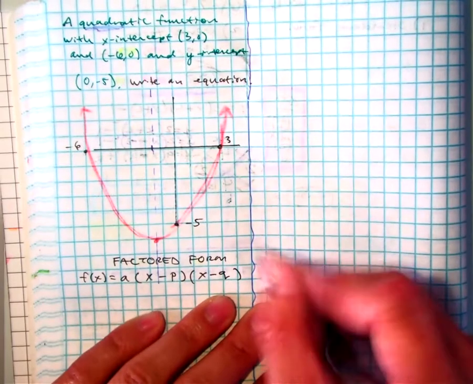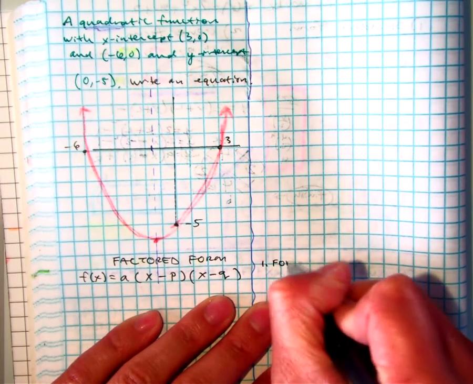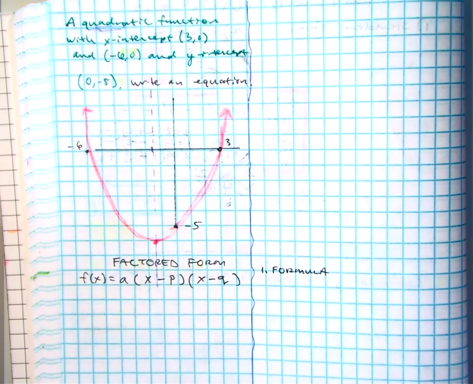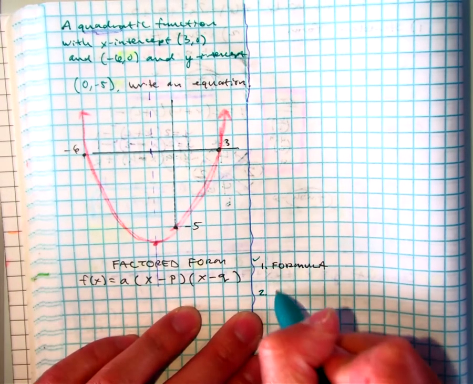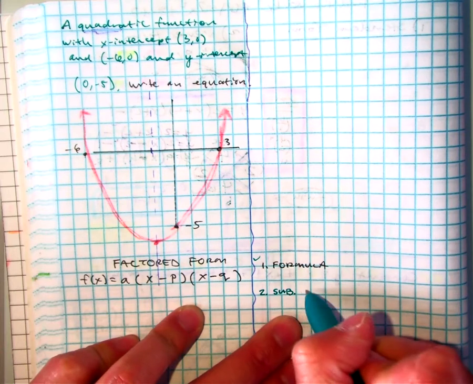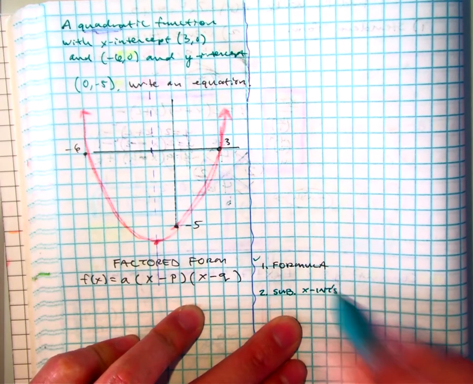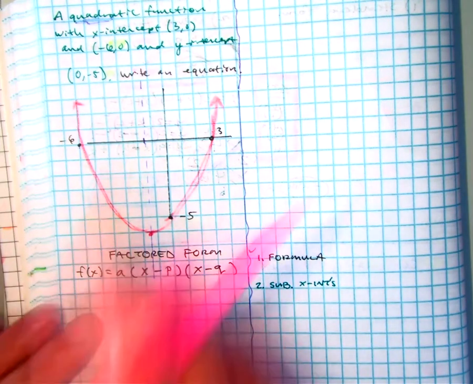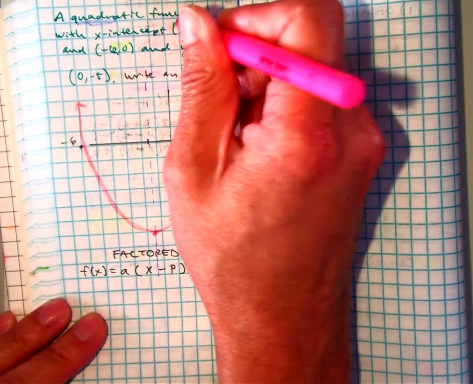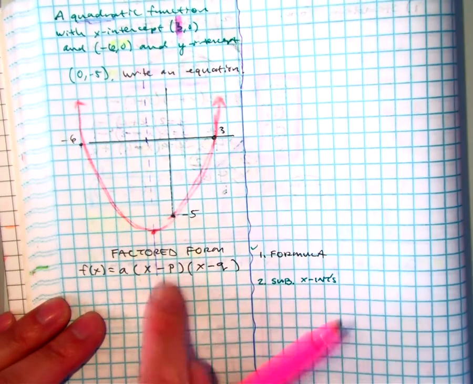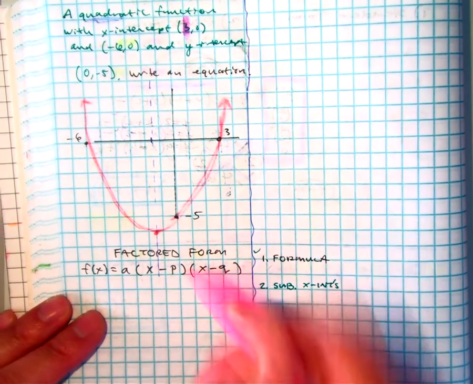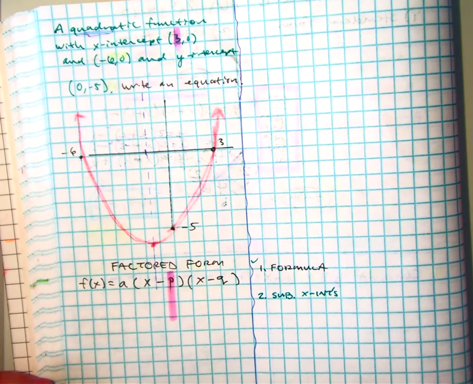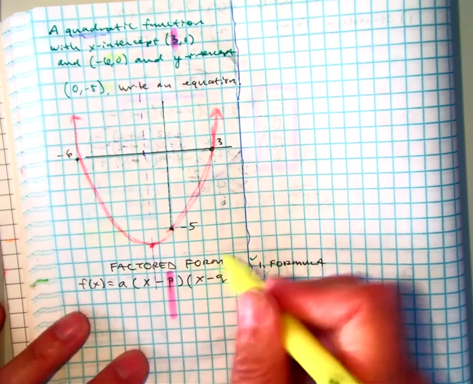Okay, the first thing I'm going to do is we wrote down the formula. Check. The second thing I'm going to do is substitute in my x-intercepts. My x-intercepts are (3, 0) and (-6, 0). So the p and the q here represent the x-intercepts. I'll put that for the p, and the other x-intercept represents the q.